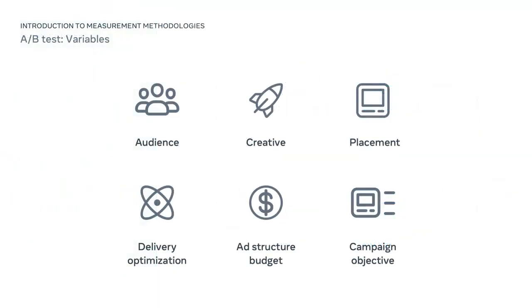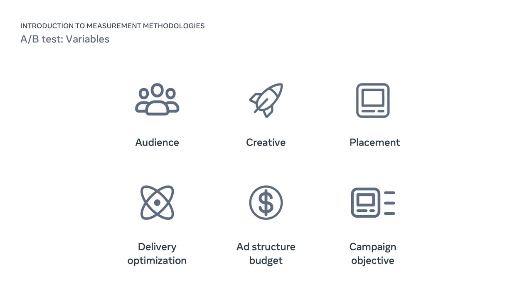With an A/B test, you have a few options for the independent variables that you can include in your test. First of all, you have audiences. You can test your ad against two different audiences. For example, an audience of men and women ages 18 to 25 versus an audience of men and women ages 26 to 35. You can also test creatives.